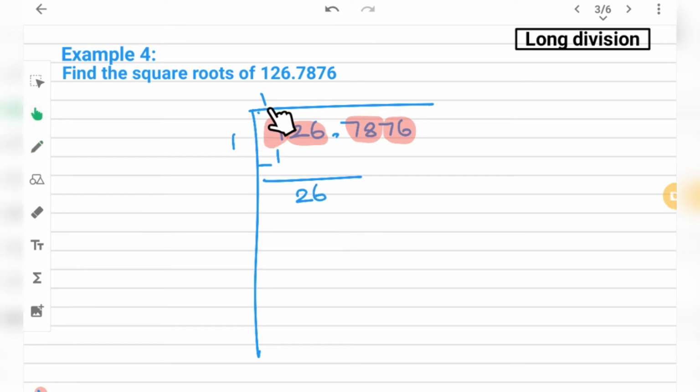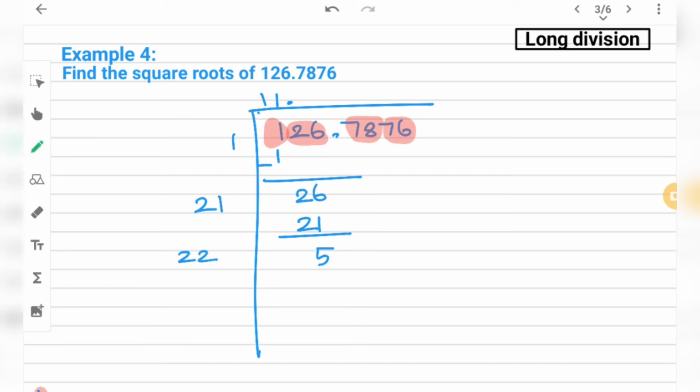Whatever number is here, we have to multiply with 2. So 1 twos are 2, right? And here I'm going to place 1, here also 1. If 1 is multiplied with 21, you will get 21. And balance is 5. And here I'm having a decimal, so place a decimal over here. And now here 11 into 2 is 22, right?